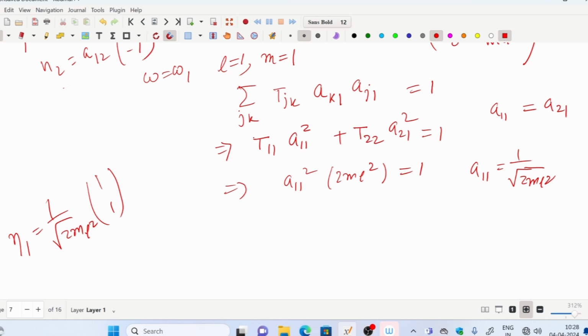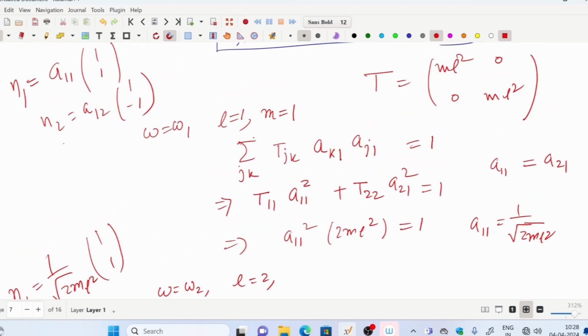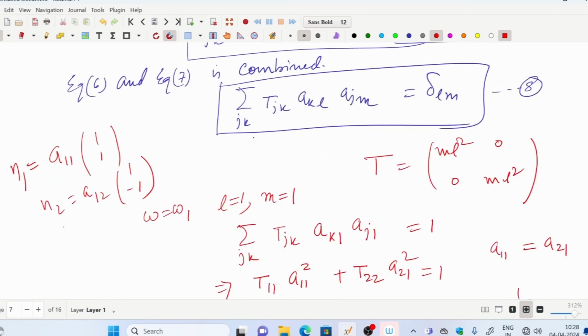Exactly similarly, when omega equal to omega 2, that means our L equal to 2, and to use the normalization equation 8, m also has to be 2.